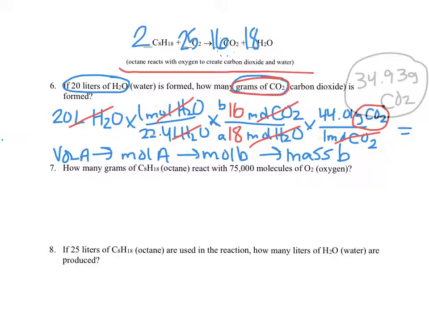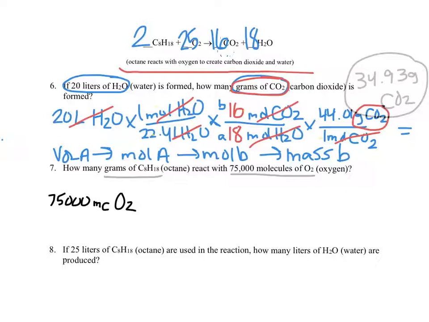Okay, looking at question number 7, let's get that ready to rock. I want to know how many grams of C8H18, which is octane, reacts with 75,000 molecules of O2. Well, I know that I have to start with a number, so I've got 75,000 molecules of oxygen.